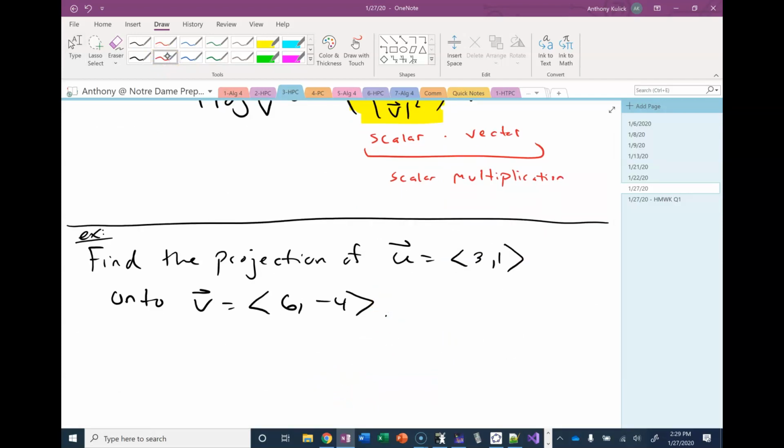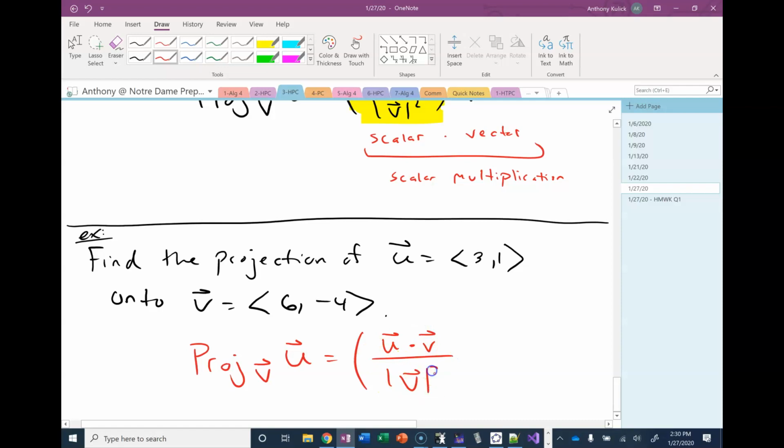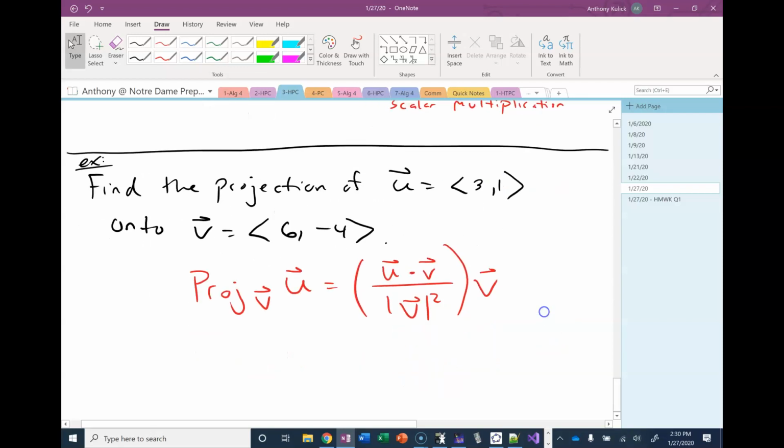Let's say we want the projection of vector u onto vector v. So this is the formula we're going to use. To use this formula, I'm going to need the dot product of u and v.